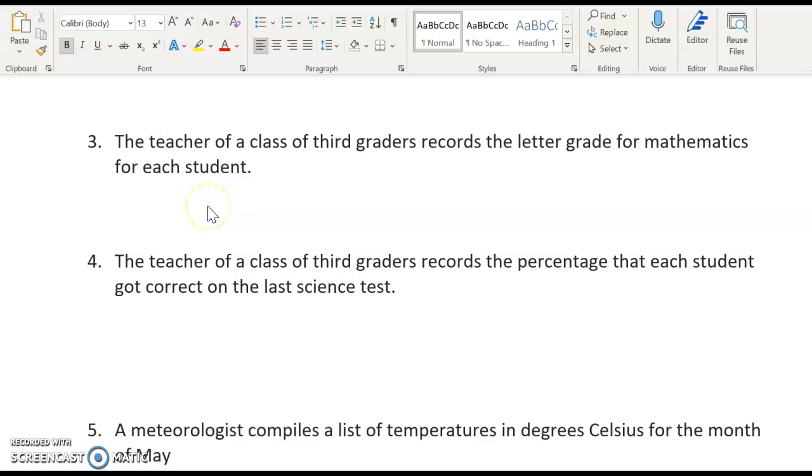Okay, then we have the teacher of a class of third graders records the letter grade for mathematics for each student. Okay, a letter grade. So you can order these grades with A as the highest and F as the lowest, but you can't take differences here.